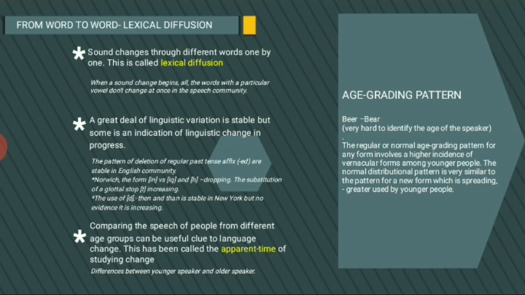So when we are trying to identify how they change the style of the language, we can easily find out how and in what cases they change the use of that language from how the older speakers speak, or the style older speakers use.